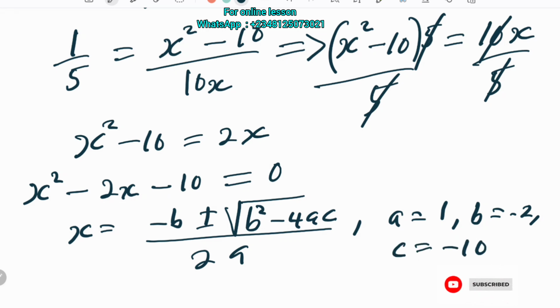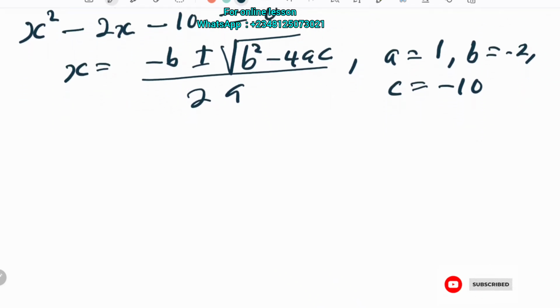Now let us plug everything into the formula. So we can have x equal to minus 2 here, that's minus b. Then we have a minus outside, so this minus outside will be here.